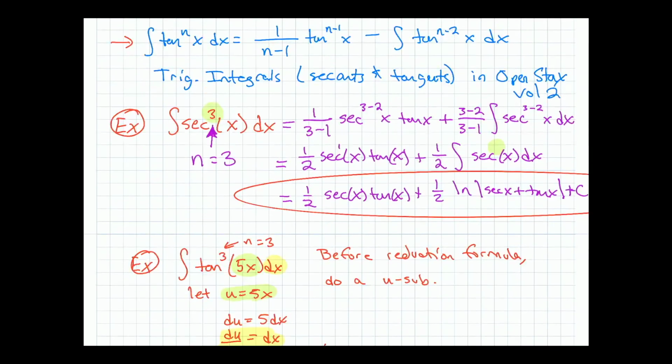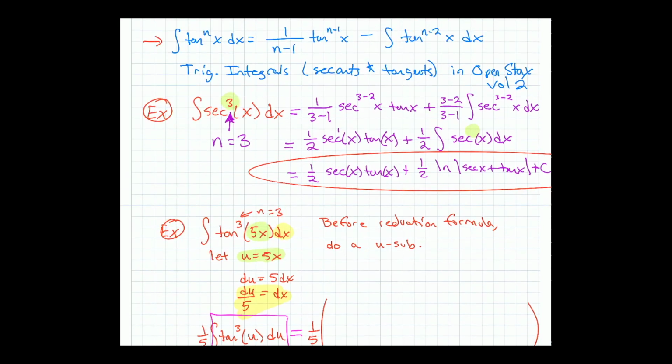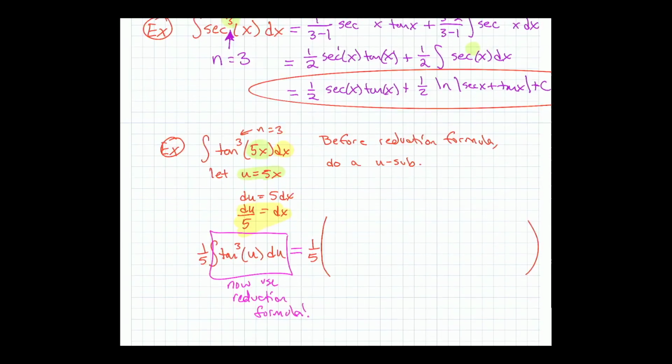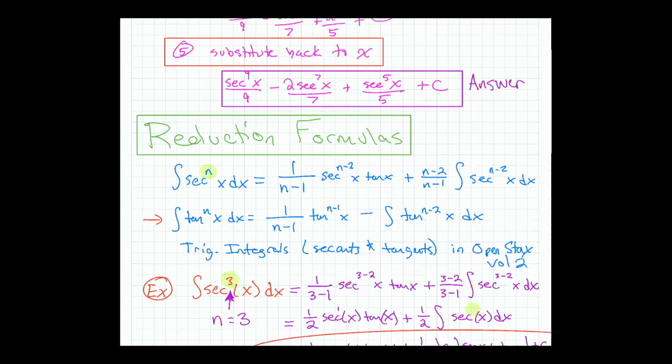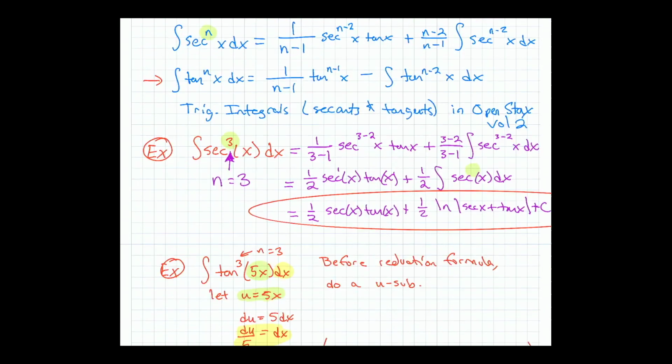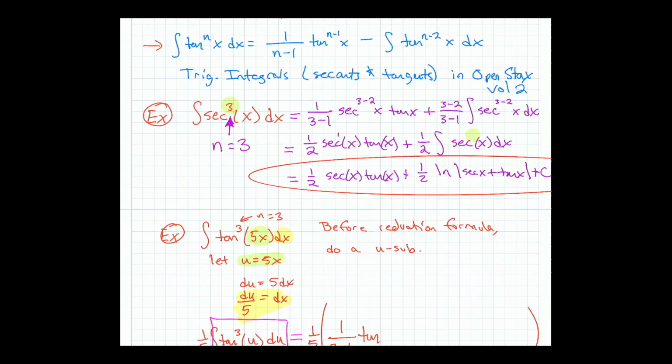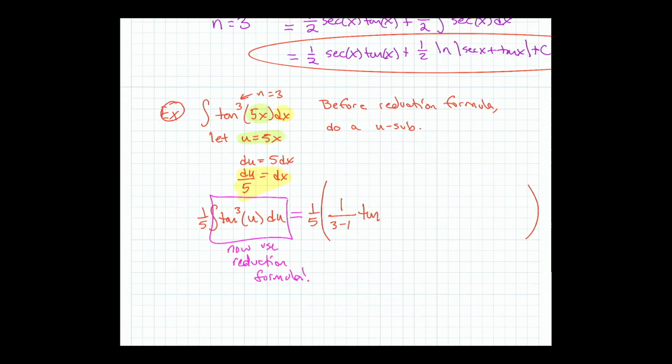So what do we have? We have 1 over n minus 1, so 1 over 3 minus 1, tangent n minus 1, so that's tangent 3 minus 1, x, except it's not x, it's u.